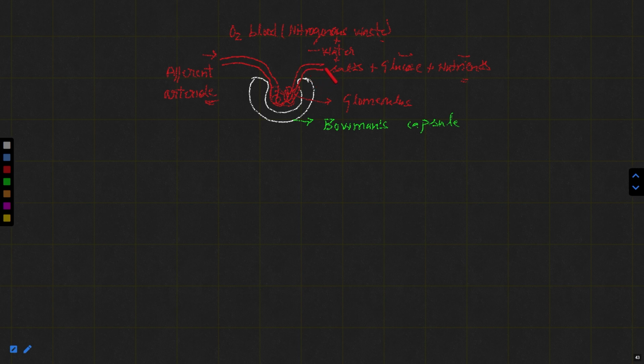This will contain the pure blood now, because the toxins have been filtered out. This contains the pure blood, which is free of this nitrogenous waste. Alright, this is clear.